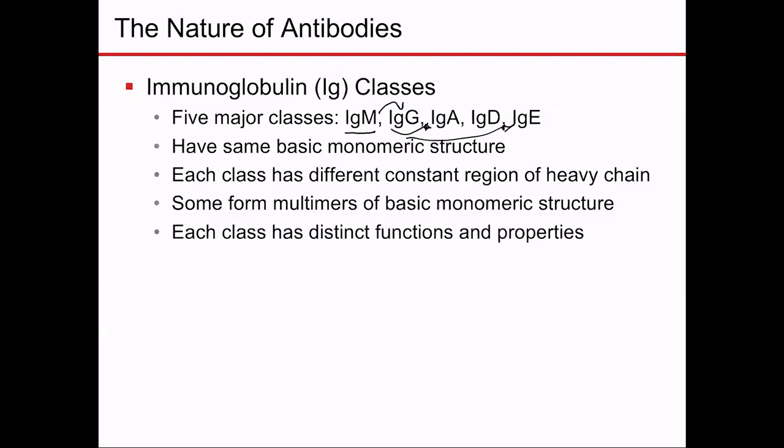Now, in terms of the structure, IgM is the largest antibody that we know, and it's a pentameric antibody, and that means it's made of 5 monomers.